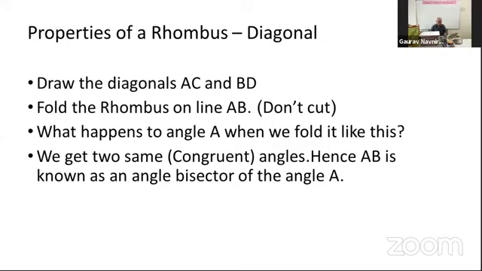AC, not AB, AC. What happens to the angle A when we fold it like this along AC? We get two same angles. Hence, AC is known as the angle bisector of A. Not AB here. Here, AC is the angle bisector of the angle A.